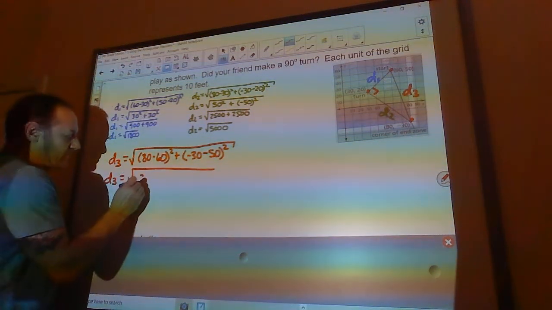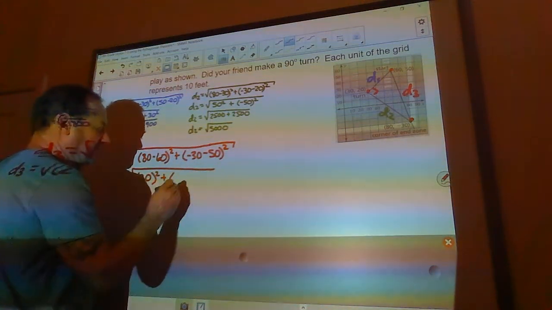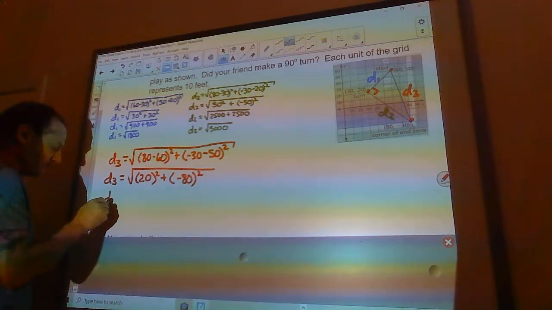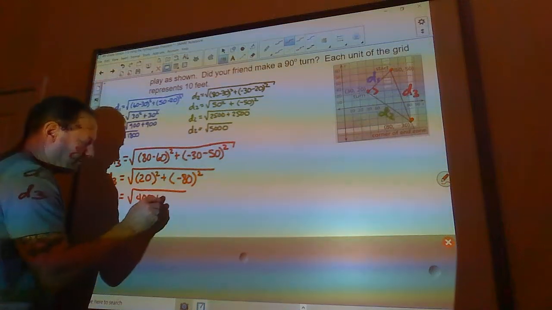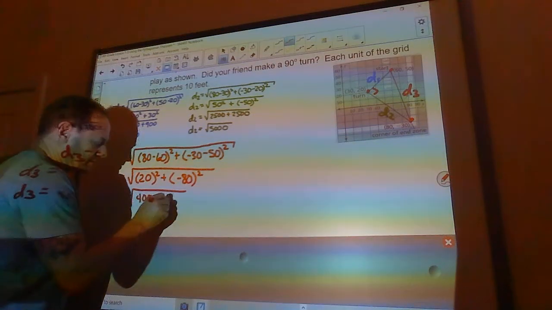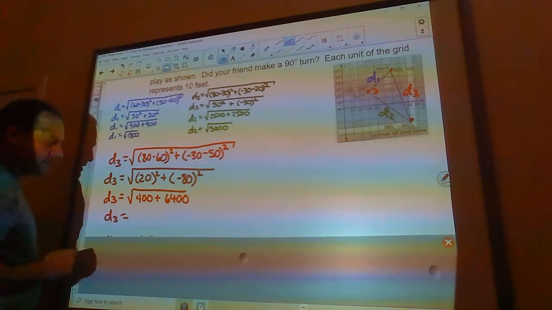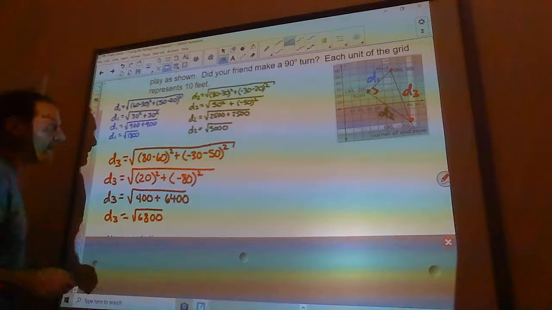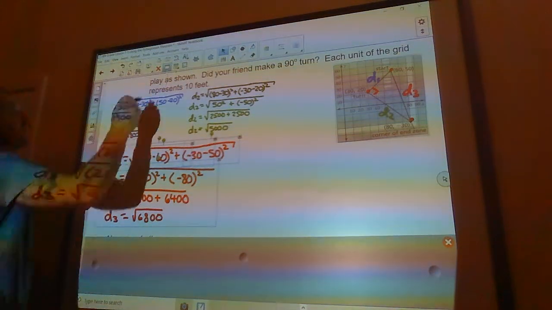So that's going to be 20 squared plus that's negative 80 squared. So that's going to be 400 plus 6,400. And that's going to be the square root of 6,800. Okay. So I have now calculated the three distances.